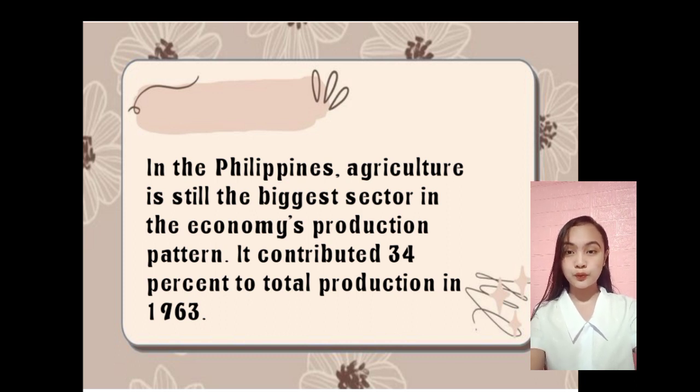Manufacturing output rose from 834 million in 1953 to 2,697 million in 1963, or an increase of 223.4%.